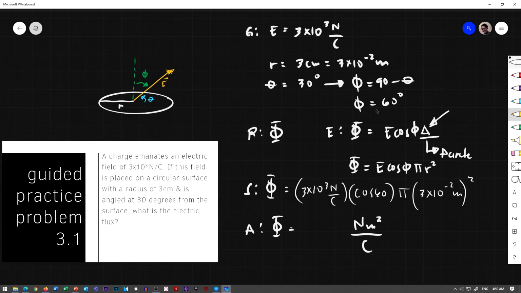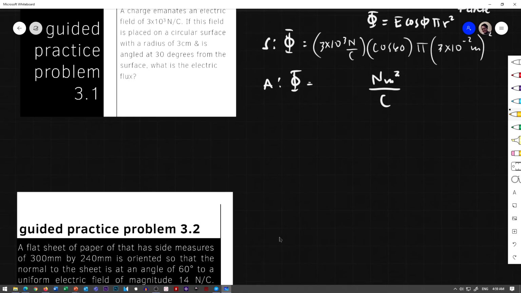If you're going to complete the drawing of the electric field, it will be many lines that are drawn in that direction as well. But of course you're just going to take one, so it would be easier to illustrate. All right, so let's have guided practice problem 2.